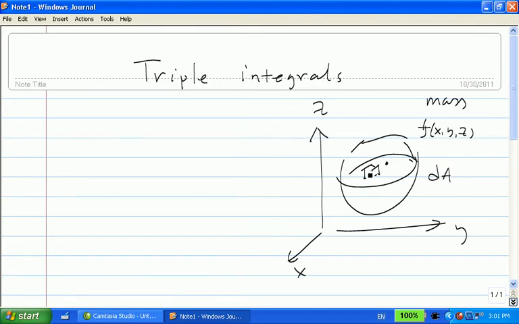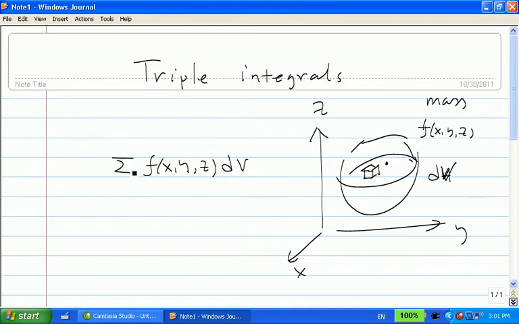Then make this cube small enough so we can treat the density as a constant, so f(x, y, z), the density, times dV. dV is the volume of this small cube. If this cube is small enough, we can think of f(x, y, z) as a constant, so we get an approximation for the mass of that cube.